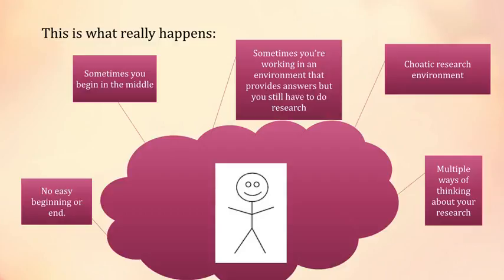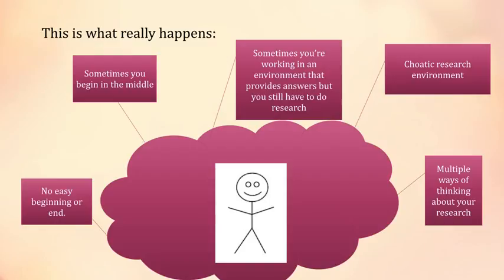At other times, you may just know a lot about the topic, or there may be multiple ways of thinking about your research, and you have to figure out where you stand in that. So generally, the research environment is completely chaotic. It's not this neat linear process. Sometimes you begin right in the middle of things.